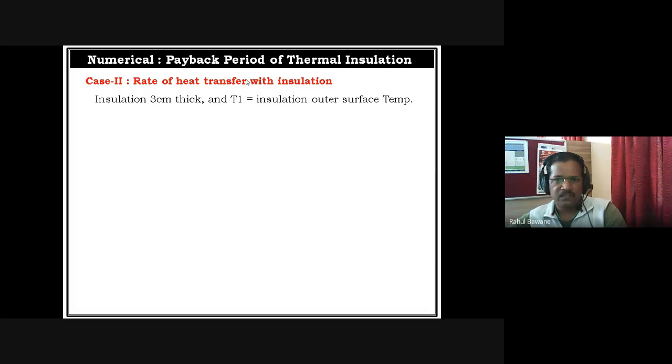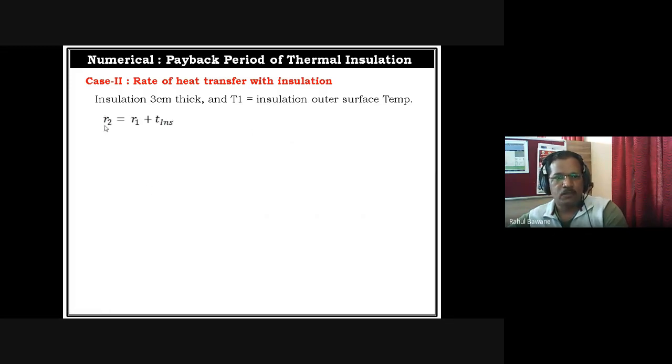Pipe surface is at the surface temperature that we know. Surrounding air temperature is the fluid temperature. Now after providing insulation, imagine the insulation outer surface has reached the temperature T1 and thickness is 3 centimeter. So what is the new radius?